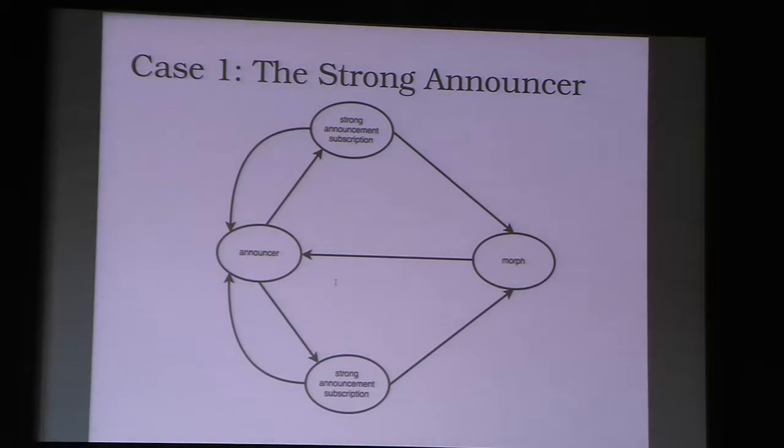For example, it will have different subscriptions, and in particular, as we saw before, we have two kinds of subscriptions: strong and weak subscriptions. So when we have this kind of graph, we have a morph. We register two events to the announcer of the morph. Then we create two different subscriptions. If I show you this graph, does this one leak or does it not leak?